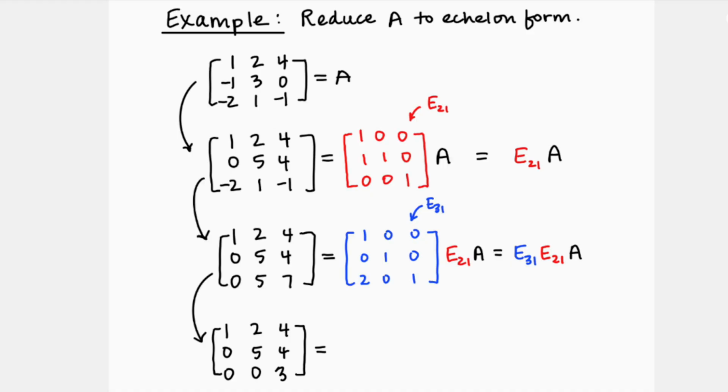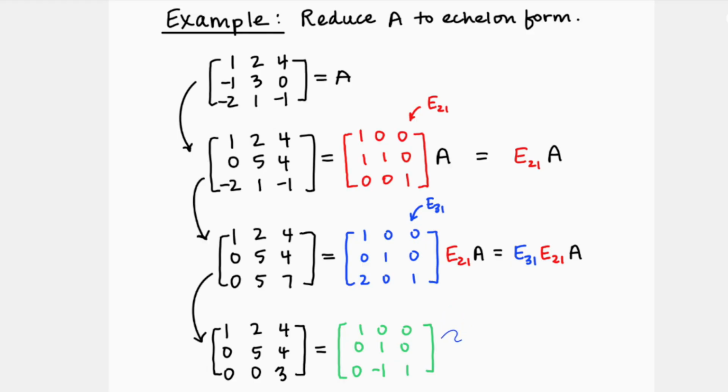My last step was I canceled off the 5s, and I could see that happening. I subtracted row 3 minus row 2, so I need to think about row 3 minus row 2. Really, that's -1 of row 2 plus 1 of row 3. I didn't change the other rows, so they have the rows from the identity matrix, which is like the do-nothing matrix.